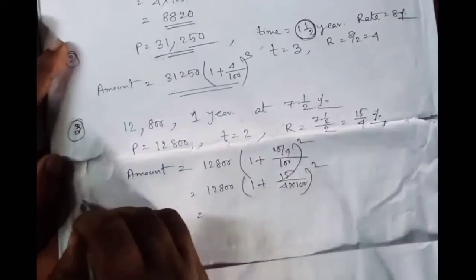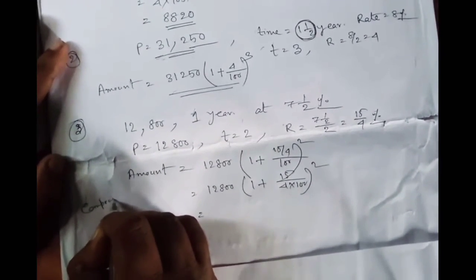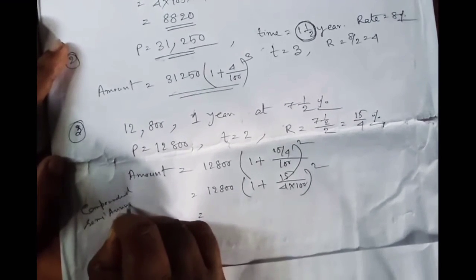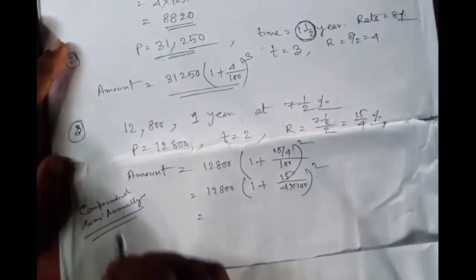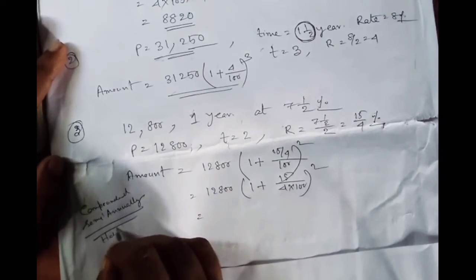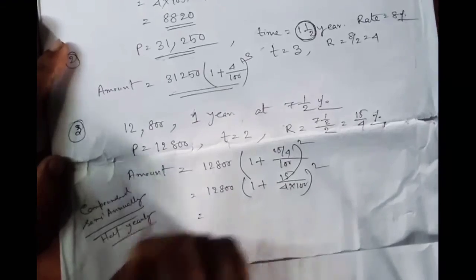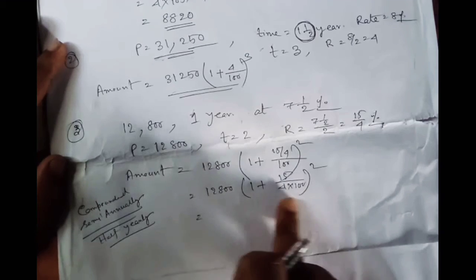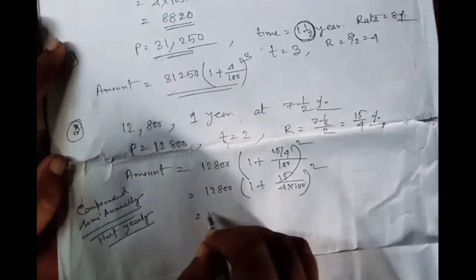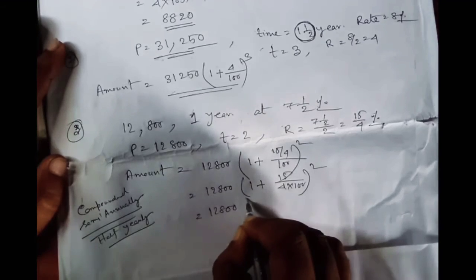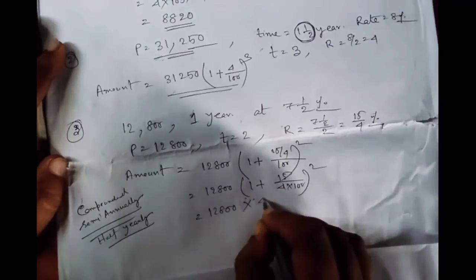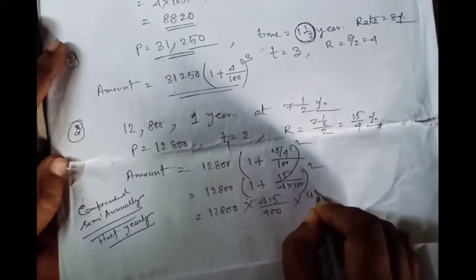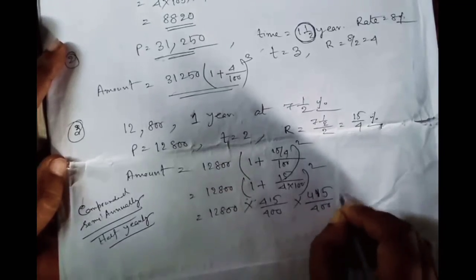here it is given compounded semi-annually. Semi-annually means half yearly. So, this would be the calculation. Now, if we do the calculation over here, this is 12,800 into 415 by 400 into 415 by 400.